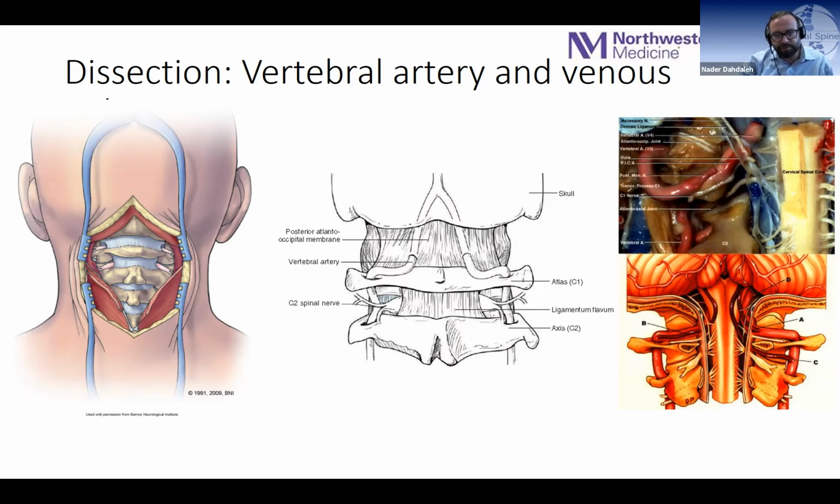I've seen that happen. People who don't expose C2 adequately keep going with the posterior arch of C1, and you don't really know how wide it is. So the limits of the medial and lateral aspects of the lateral masses are derived from the more superficial limits of the C1 lateral masses, if you will.